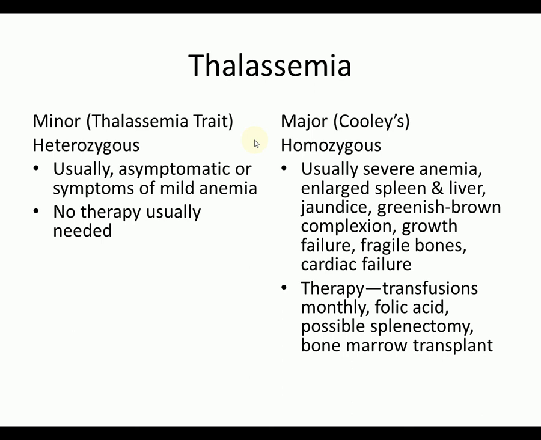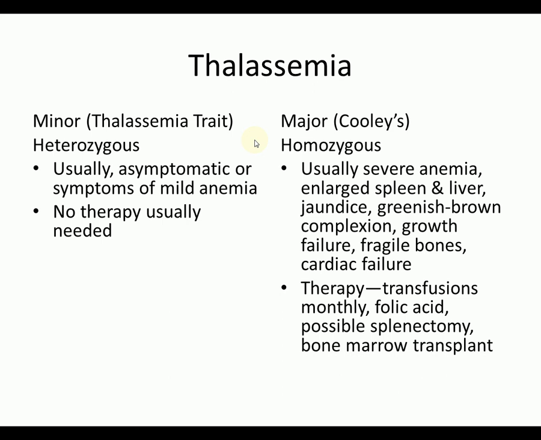Okay? The term thalassemia is applied to a variety of inherited blood disorders. Normal postnatal hemoglobin is composed of 2 alpha and 2 beta polypeptide chains.